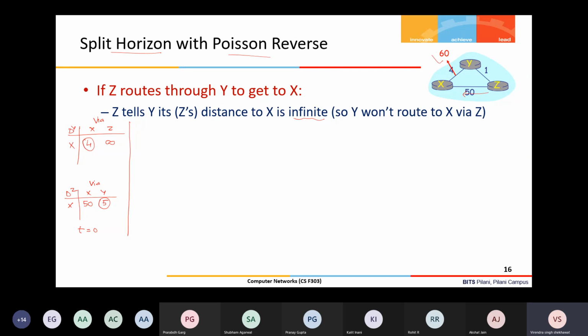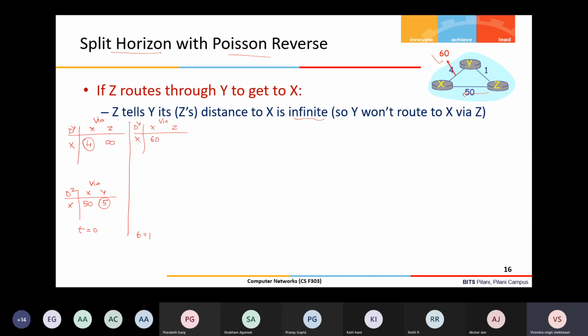Now at t equals 1, the cost changes from 4 to 60. What will happen? This cost change is observed by node Y. How will its table, or its cost to X, change?